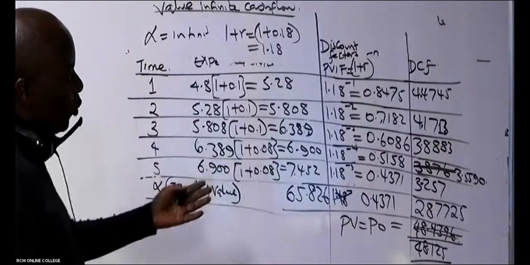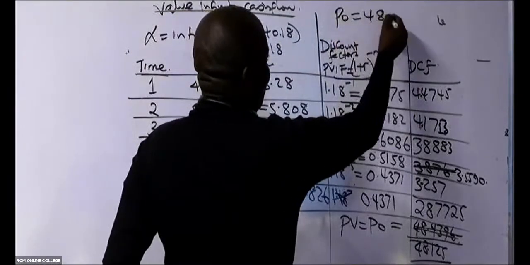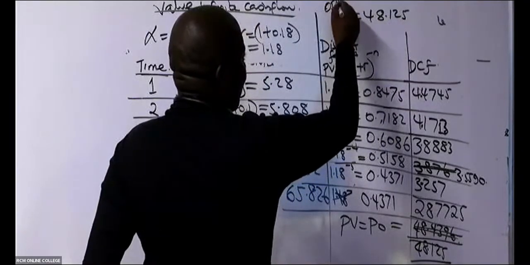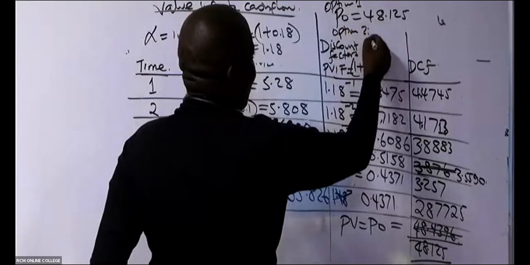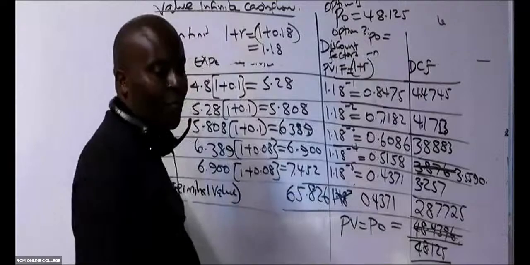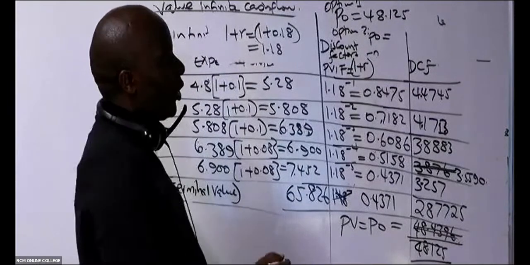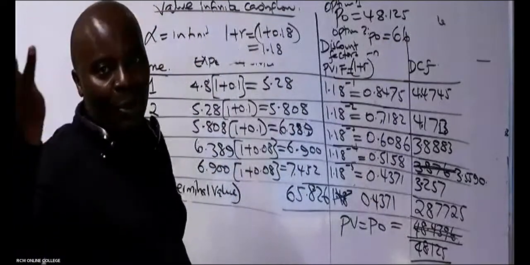So now please compare the two. If I go this way, option 1, my share is worth 48.125. If I go through option 2, my share is worth 66.